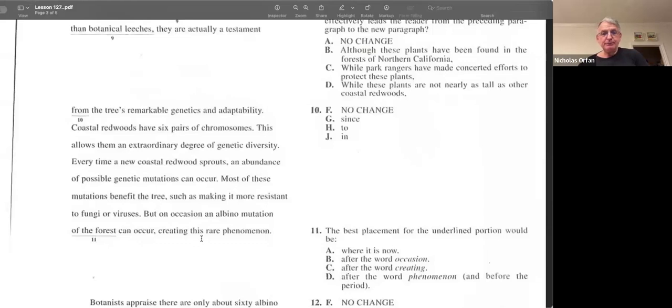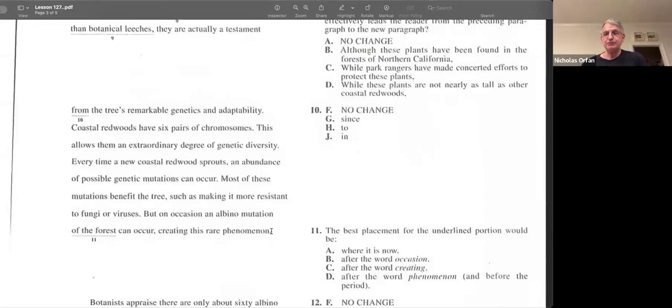After the word creating? But on occasion, an albino mutation can occur, creating of the forest this rare phenomenon. Again, that's very awkward. After the word phenomenon and before the period? But on occasion, an albino mutation can occur, creating this rare phenomenon of the forest.